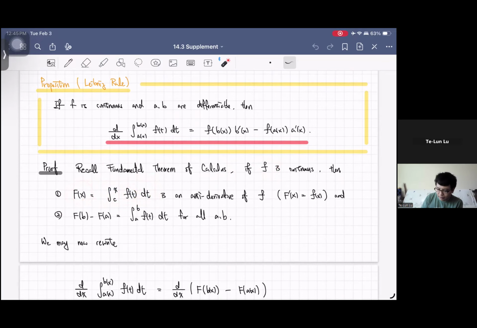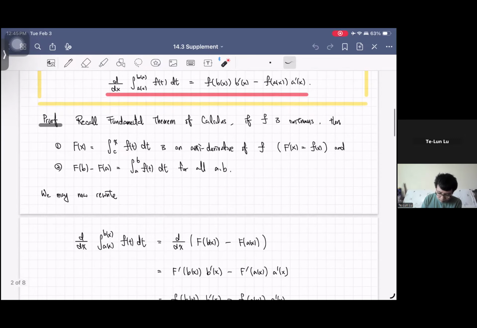That is, capital F prime is little f. The second statement is that you can always evaluate a definite integral via that antiderivative: F of b minus F of a is equal to the definite integral of little f from a to b. Those are the two parts of the fundamental theorem of calculus that relate integration and differentiation.